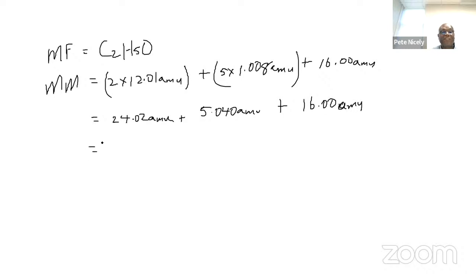And all we have to do is add these up, 24.02 plus 5.040 plus 16.00. And according to my calculation, this works out to be equal to 45.06 AMU. So to calculate the integral factor I, that would be equal to 90 AMU divided by 45.06 AMU. And that is basically equal to 2.